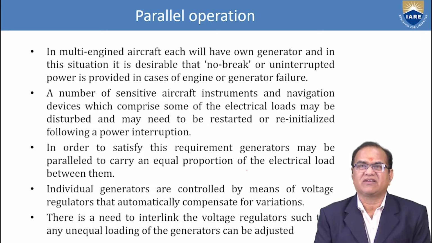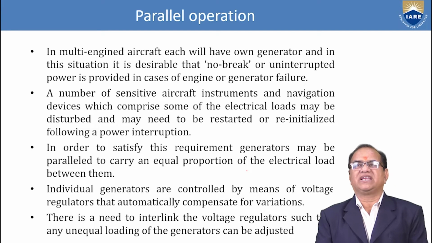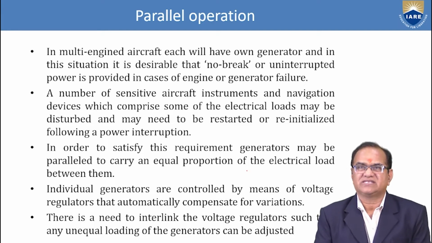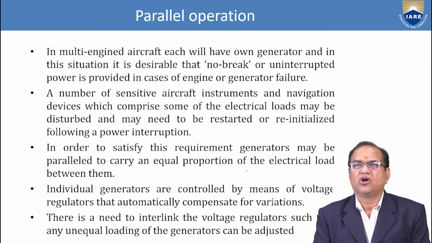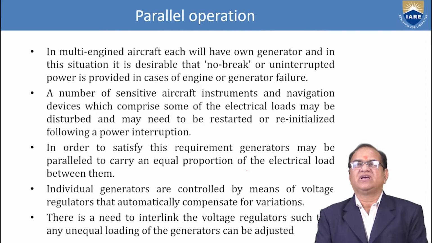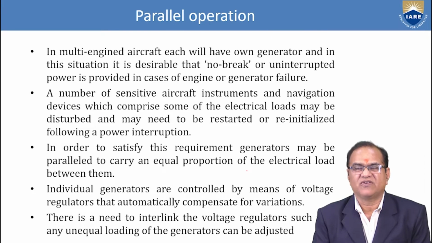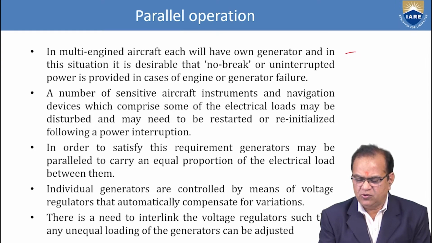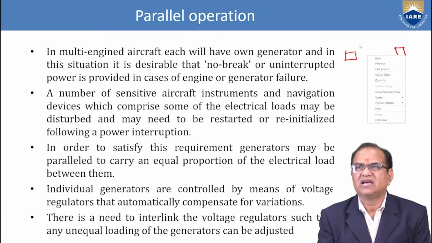In multi-engine aircraft, each will have its own generator, and in this situation, it is desirable that no break or uninterrupted power is provided in cases of engine or generator failure. You know that nowadays we have two engines.